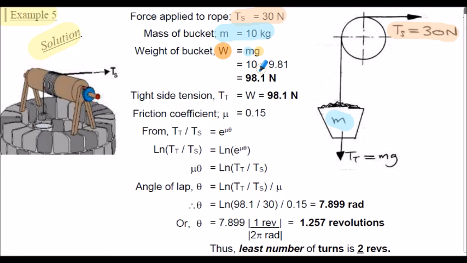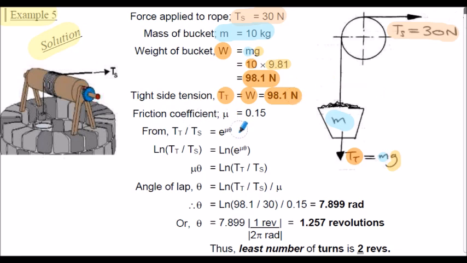The mass is 10 kilograms. We always assume g to be 9.81 meters per second squared. So the weight is 98.1 newtons for the bucket, the mg. So Tt is equal to the weight, which is 98.1 newtons.